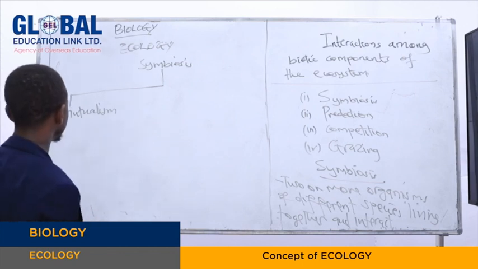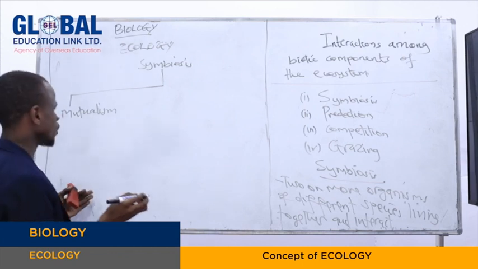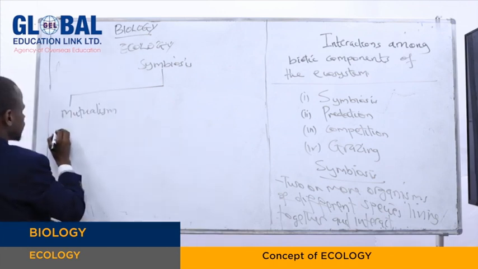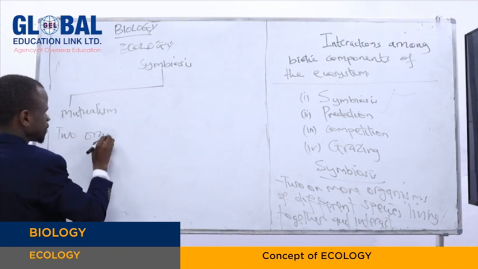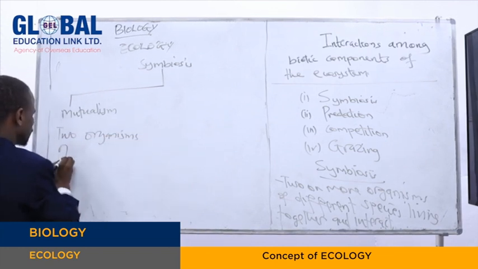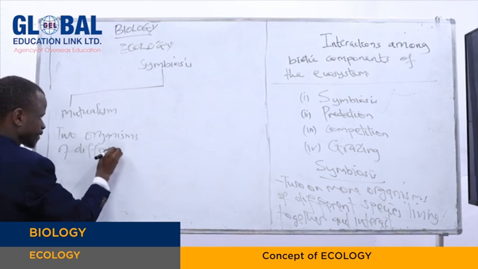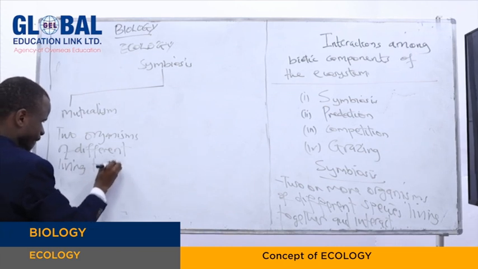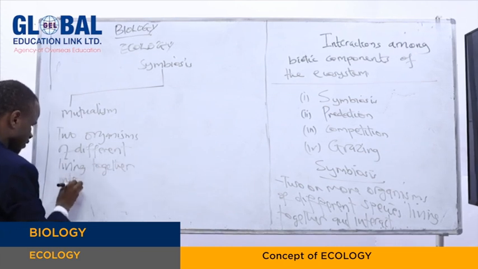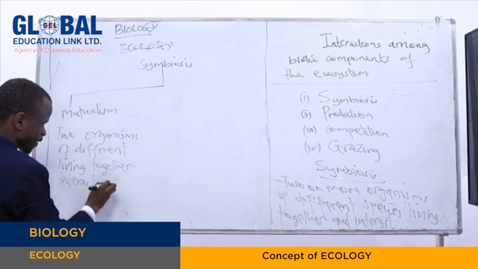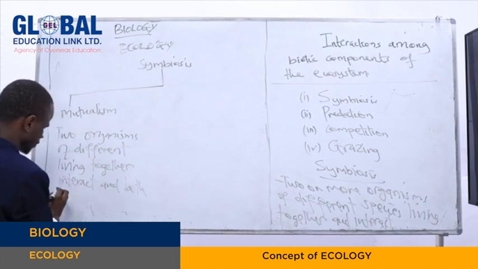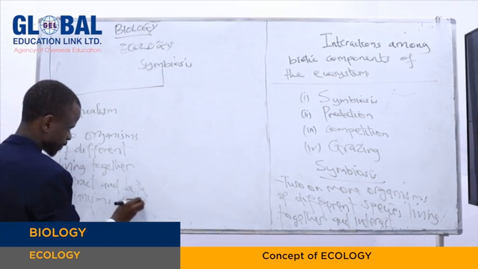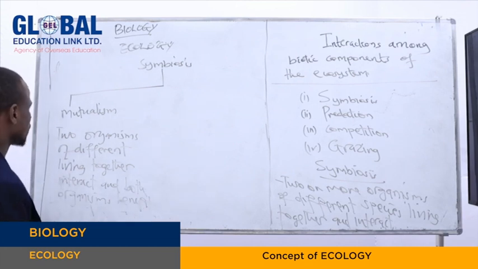Mutualism: organisms of different species interact and both benefit from the interaction. 2 organisms of different species living together interact and both organisms benefit. Both organisms benefit from the interaction.